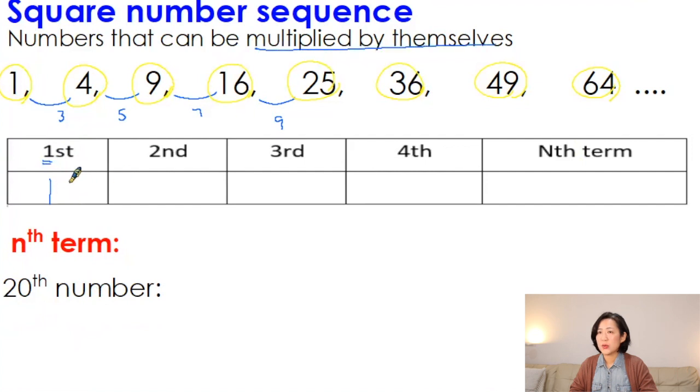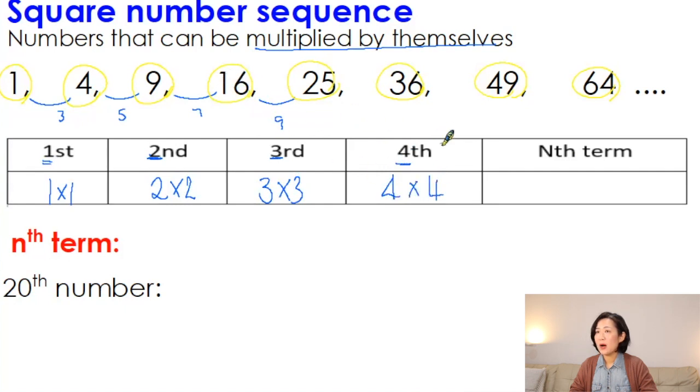Since all of these are square numbers, 1 times 1, and when your n is 2, your number is 2 times 2, 2 squared. Your n is 3. Your third number is 3 times 3. Your fourth number, when n is 4, is 4 times 4.